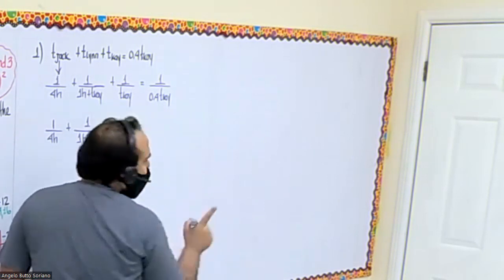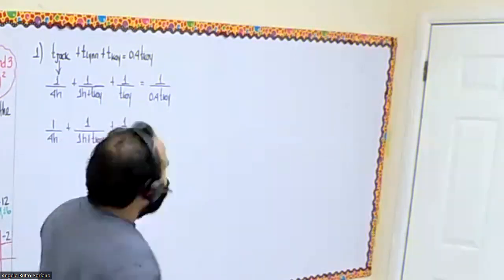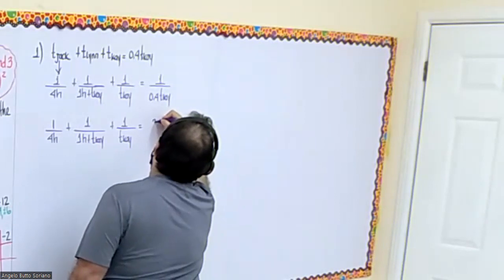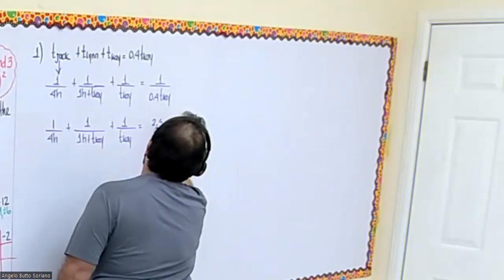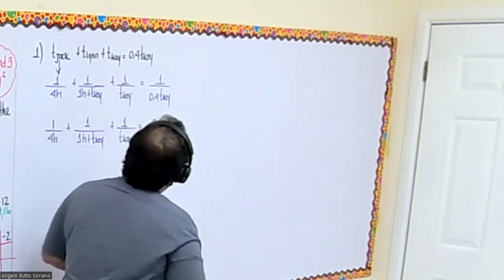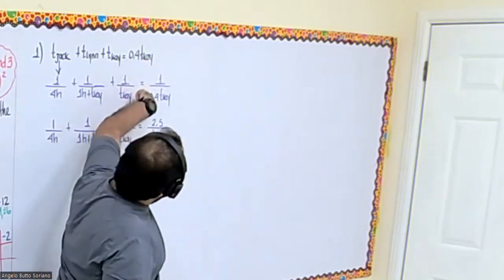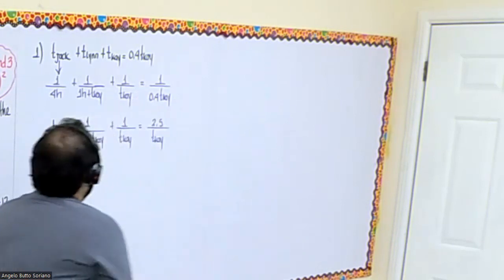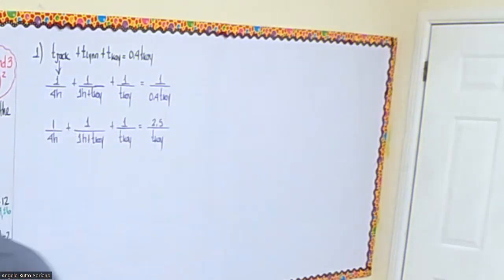That will be equal to 2.5 over the period of time of Kai, instead of the number 1, because we can divide 1 by 0.4, and that will be easier for us at the moment to establish the solution of this system of equations.